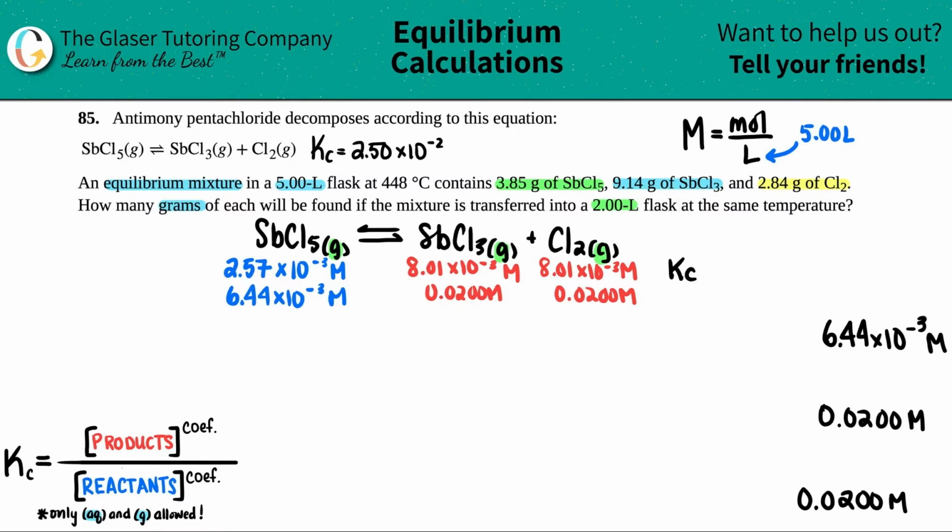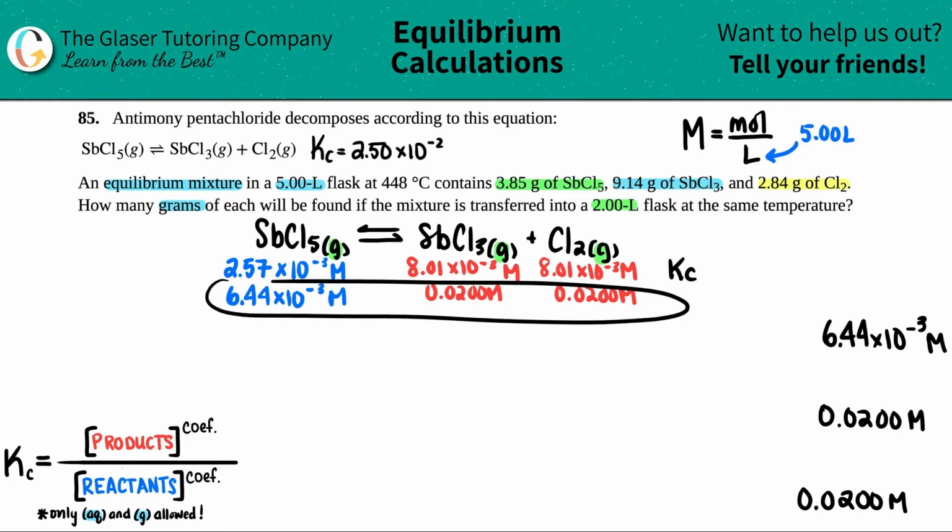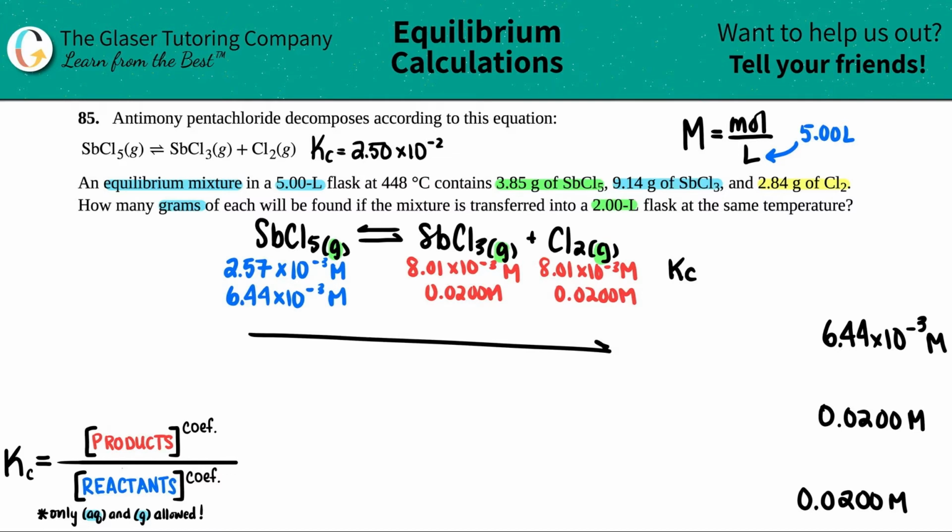Now the question is, are we at equilibrium? No, right? Once you change the system, you shock the system, we lowered our volume, we're not going to be at equilibrium anymore. We're going to try to get back to equilibrium. But since I have values for all 3 of them, I don't really know if we're going in the forward direction or the reverse direction.